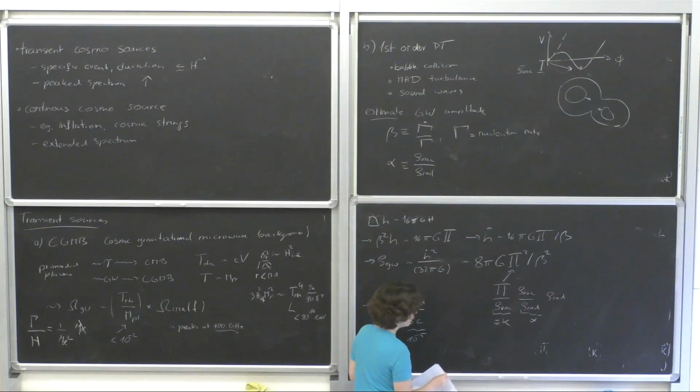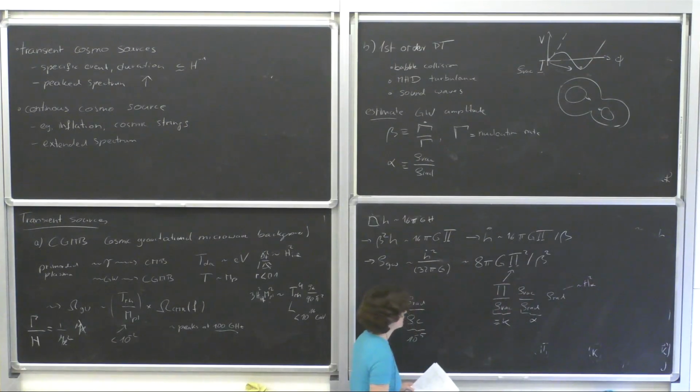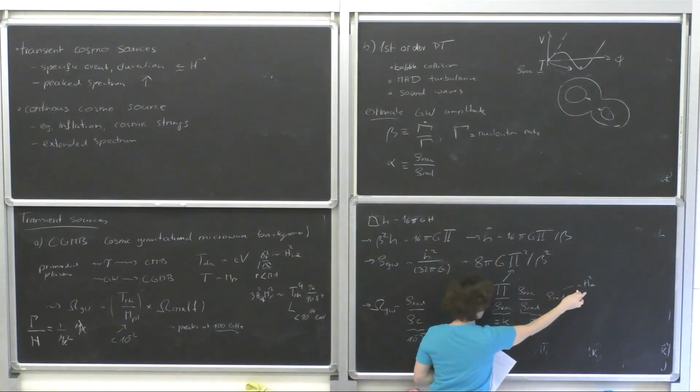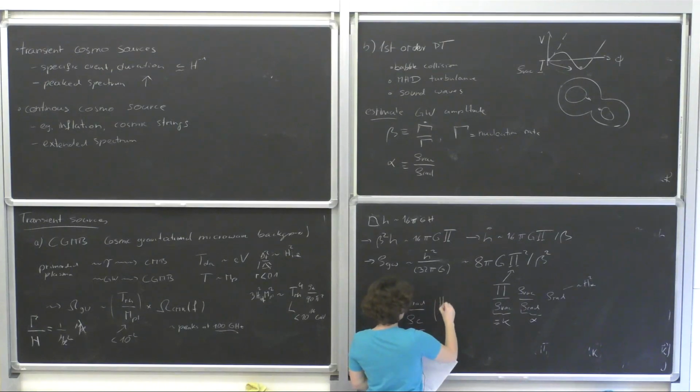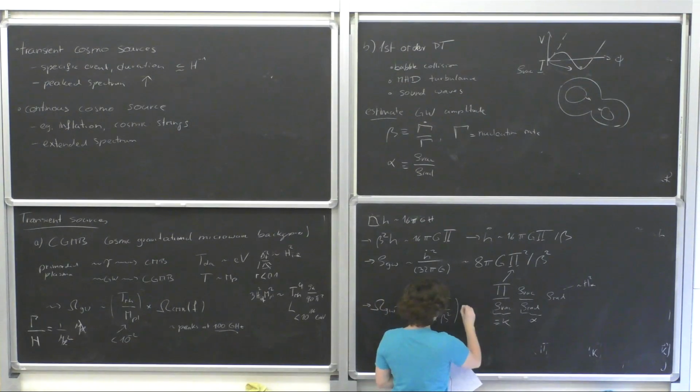Then this is proportional to the Hubble scale at that time. So we combine this factor and this factor, we get H squared over beta squared, and we get kappa alpha squared.